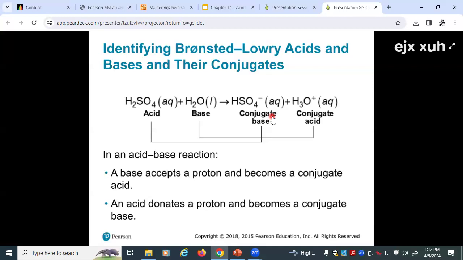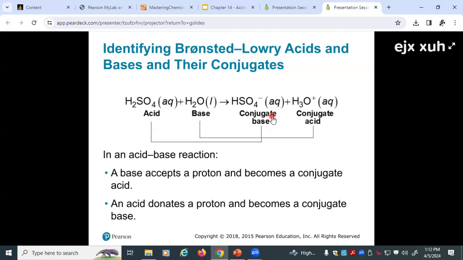In every acid-base reaction under the Bronsted definition, we will find these conjugate acid-base pairs, two molecules separated from each other by an H+ ion, either added or subtracted depending upon the behavior.